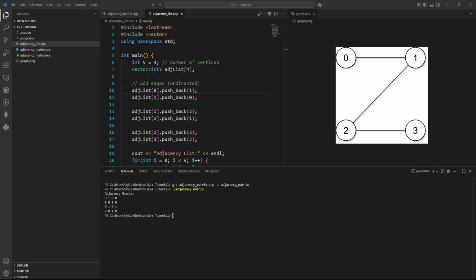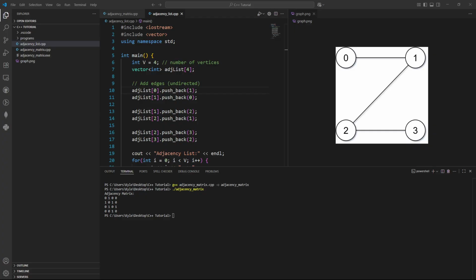Each index in the adjacency list corresponds with a vertex. Each vector stores all adjacent vertices connected to that vertex. So, for example, vertex 1 has connections 0 and 2. The advantage: this is space efficient for sparse graphs.